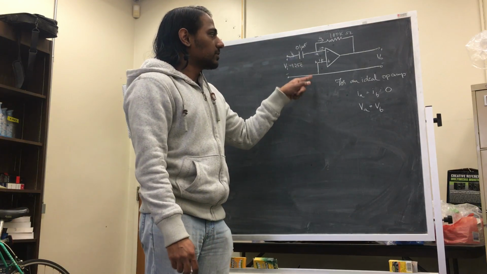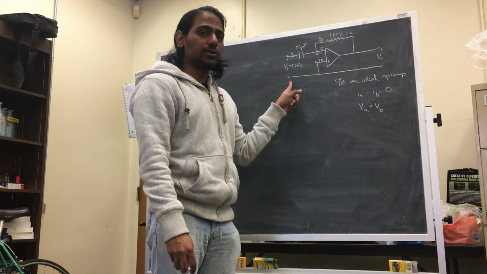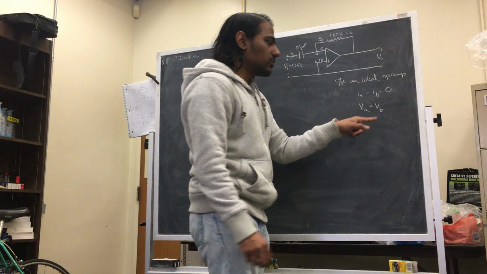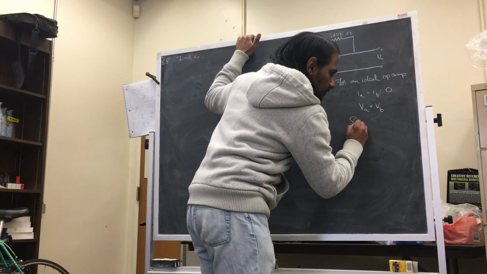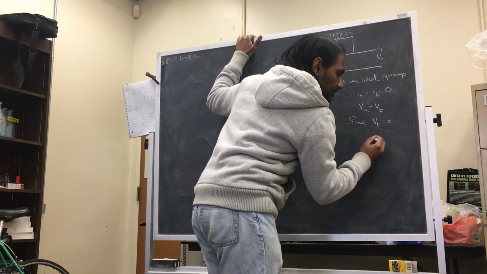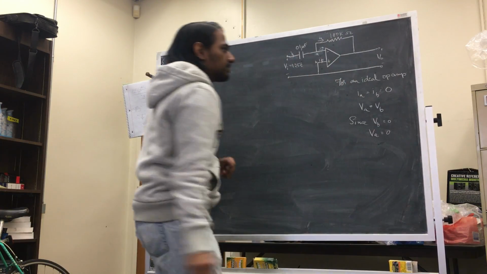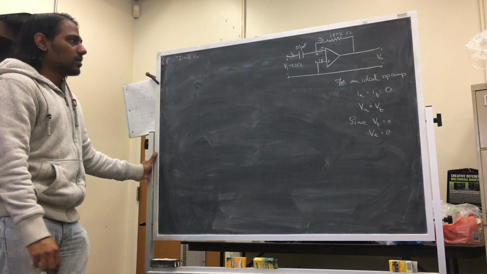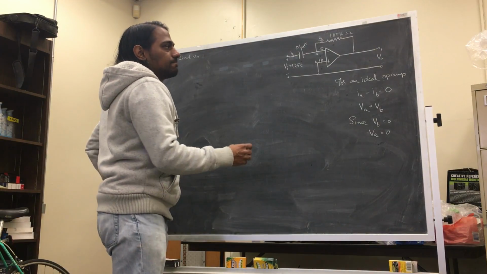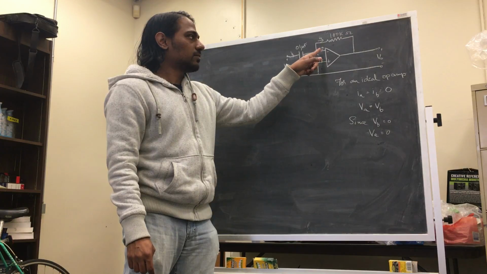For this problem, the node B is connected to ground, so VB would be 0. Since VB is 0, VA would also be 0. Now, you know that there's no current flowing through IA.